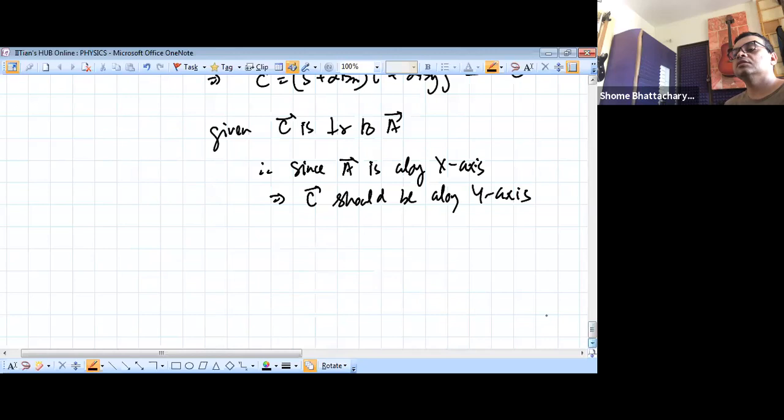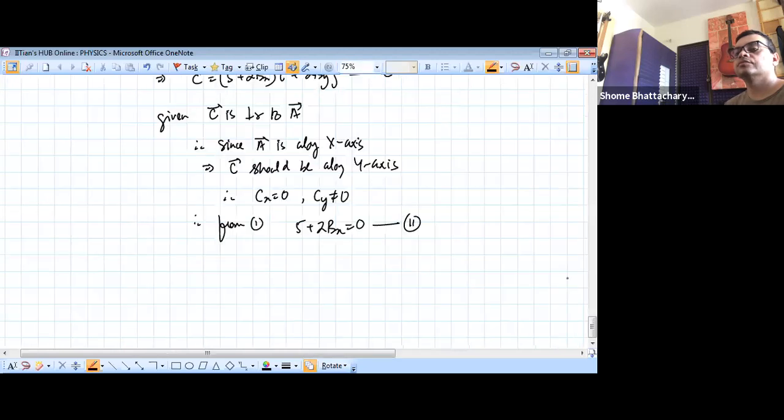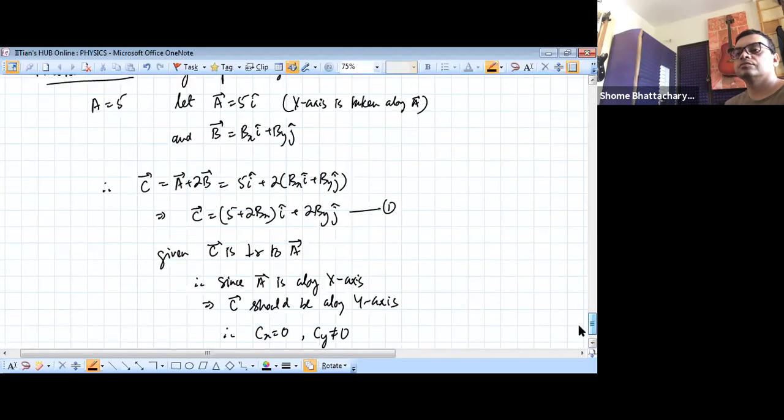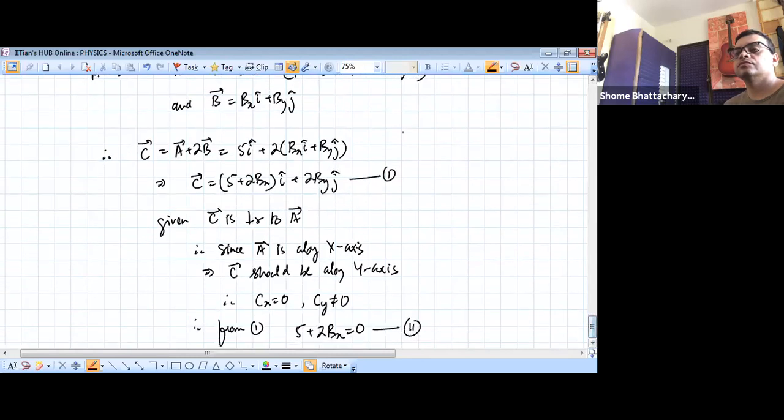So that means C's x component should be 0 and C's y component should be non-zero. So therefore, from equation 1, you can see that we get 5 plus 2bx should be 0. That becomes your second equation. Let's go through this and see if this is clear to you.